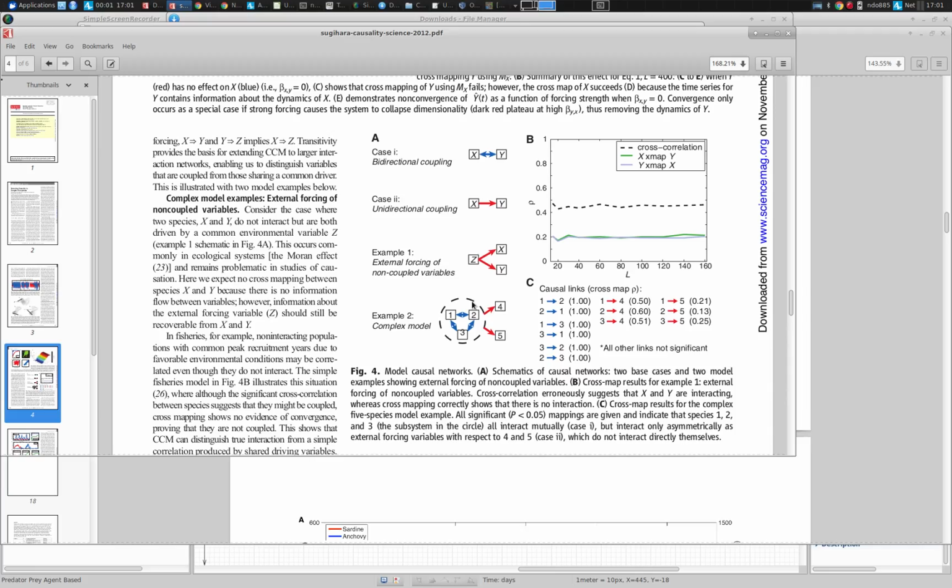Right. And we need pathfinders. We need ways of identifying reliable indicators of causal influence that are not merely correlational.